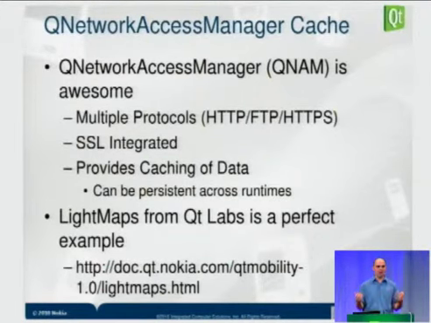So you can say, Network Access Manager, from here on out, I would like you to prefer the cache. So if I ask you for a URL that I've already asked for, I'll get the cached version, and I won't spend any time re-downloading the data. The lightmaps example from Qt Labs, and that's at labs.qt.nokia.com, is a perfect example of this.